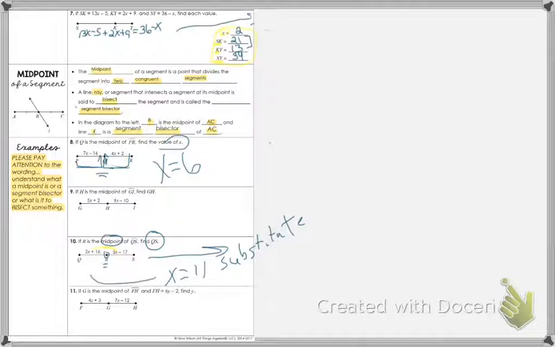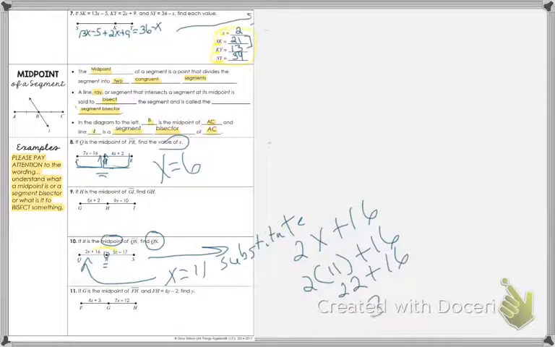I'm going to substitute into the first one. 2x plus 16. 2 times 11 plus 16. That's 22 plus 16. That is 38. So this is 38, which means this is 38. So QS is actually equal to 76.